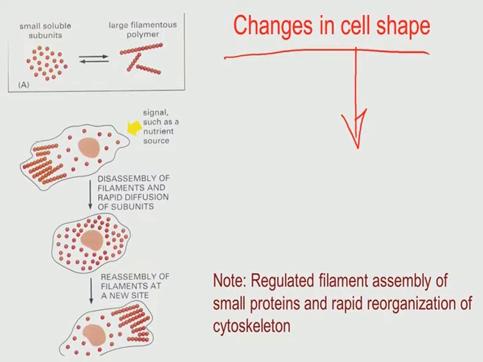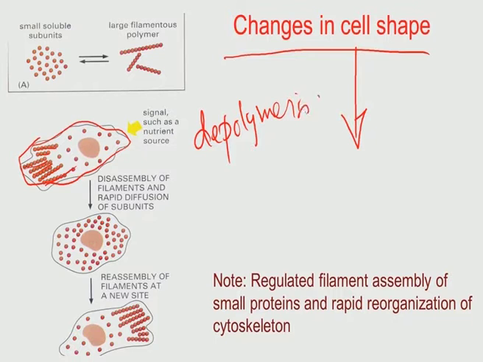Now, you have a cell here. Please follow me as I make an attempt to explain. So, these are your actin filaments in the cytoskeleton, which you have seen in more detail in the last few slides. Under certain circumstances, as I said, the actin filament has a unique characteristic that it can undergo a process called depolymerization.